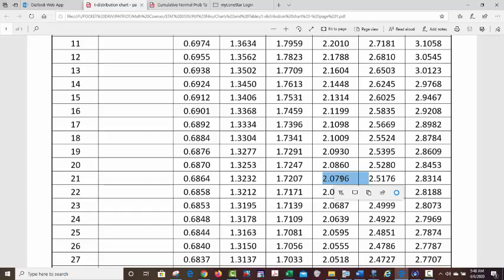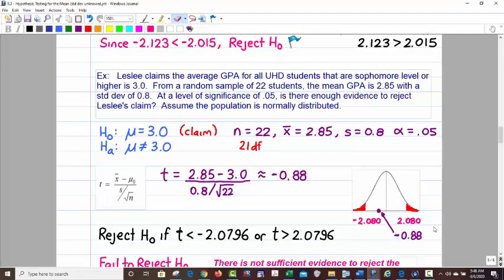So it's a plus and minus. Let's see what we have. Our decision rule is to reject the H-naught if t is less than negative 2.0796 or if t is greater than positive 2.0796.